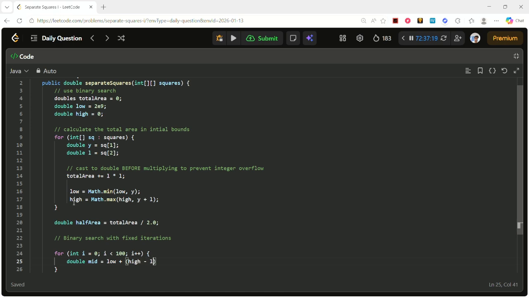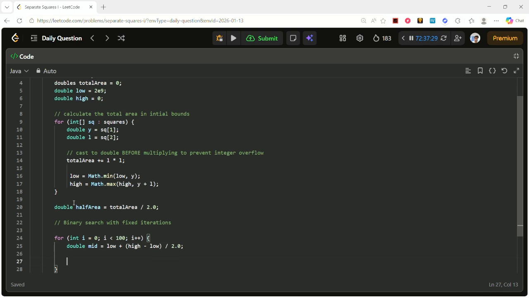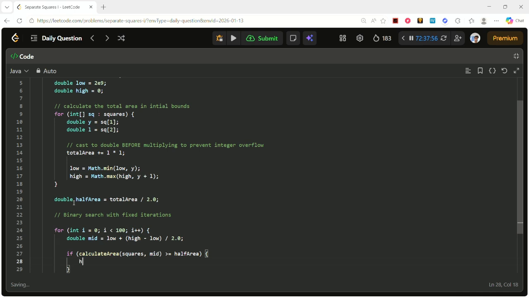After that, the area calculation check. If calculate area of squares and mid is greater than or equal to half area, then the area below mid is at least half, so the dividing line is correct or too high.